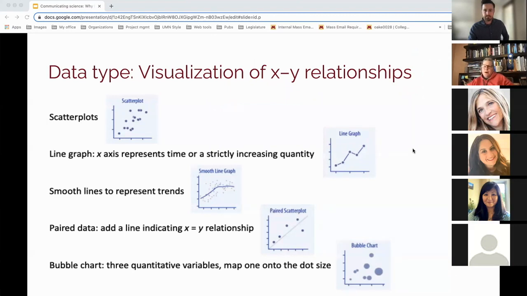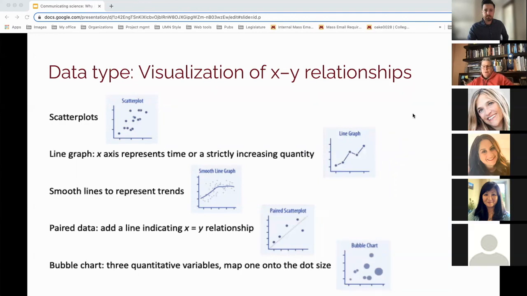Probably one of the most common data types and visualizations that we do in our particular work and that we do in science is really the visualization of an X and Y relationship. The 2 most common here are going to be the scatter plot and a line graph.